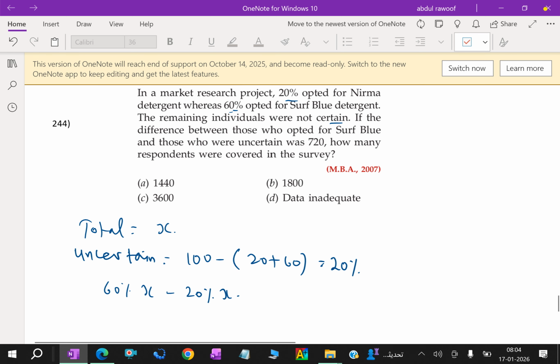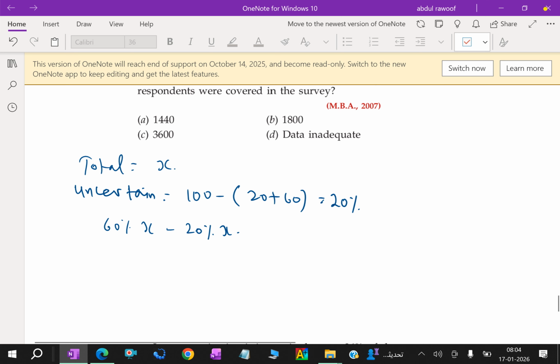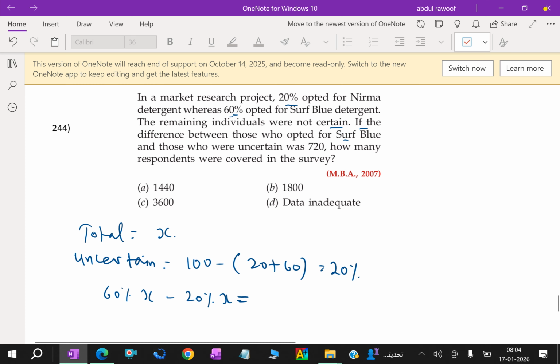The remaining individuals were not certain, so the difference between those who opted for Surf, 60% of x, and not certain, 20% of x, is equal to 720.